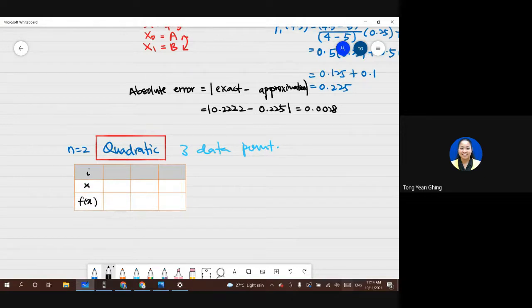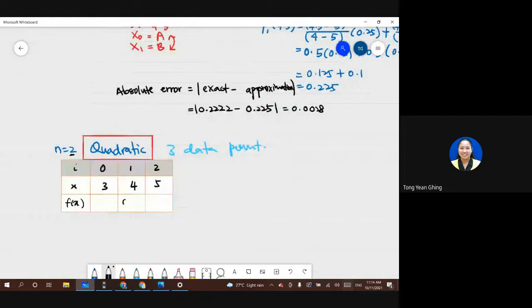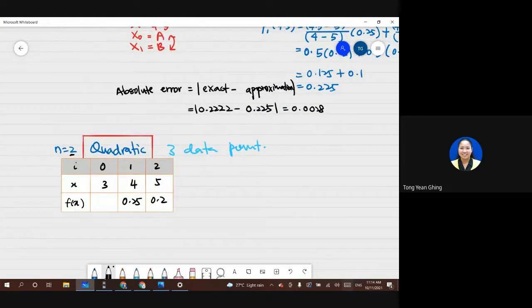Okay, so I'll start from 0, 1, 2, because n is equal to 2. So 3, 4, 5. So the values just now: 0.2, 0.25, 0.2, and this is 0.3333.